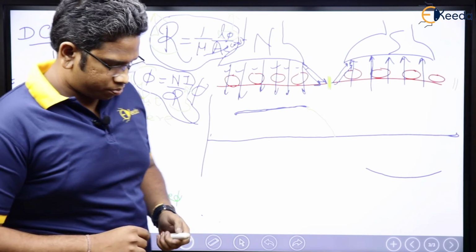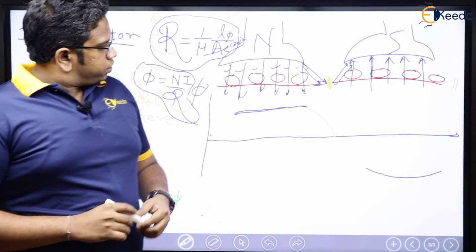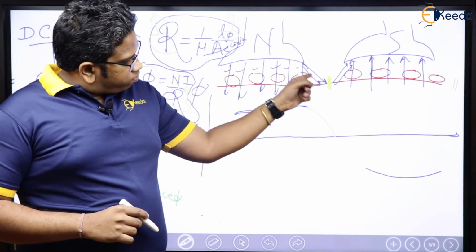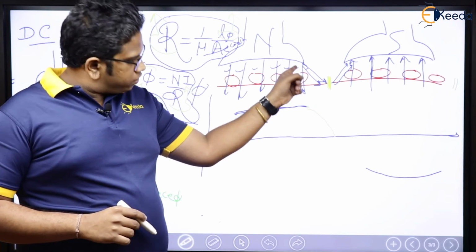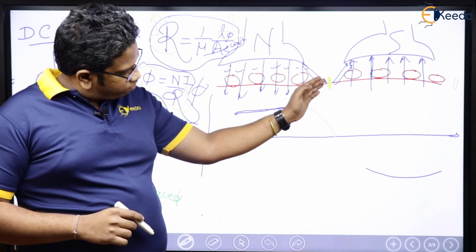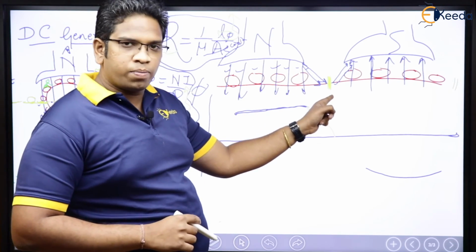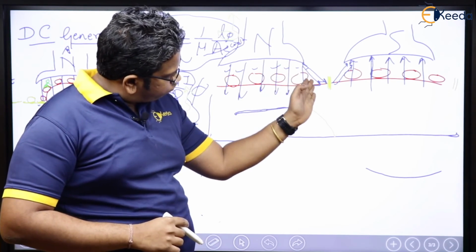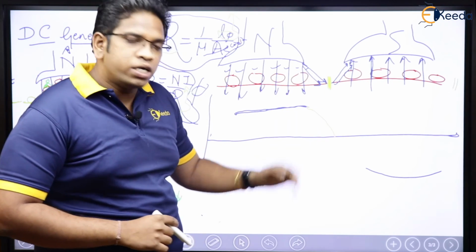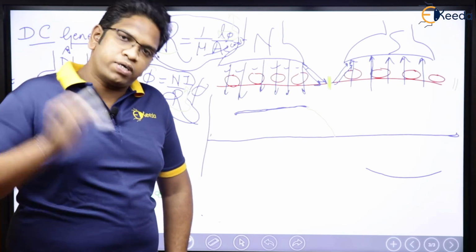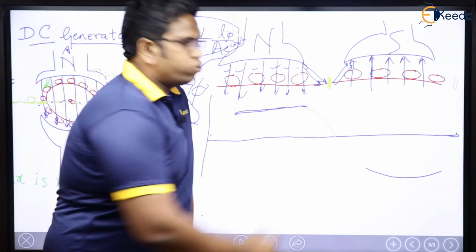See here, the flux line from the north is coming like this, and flux lines from the south are going like this. Which means at this particular point, the effect of the north pole and the effect of the south pole are the same, and since the effect is opposite, here flux is going to be 0.